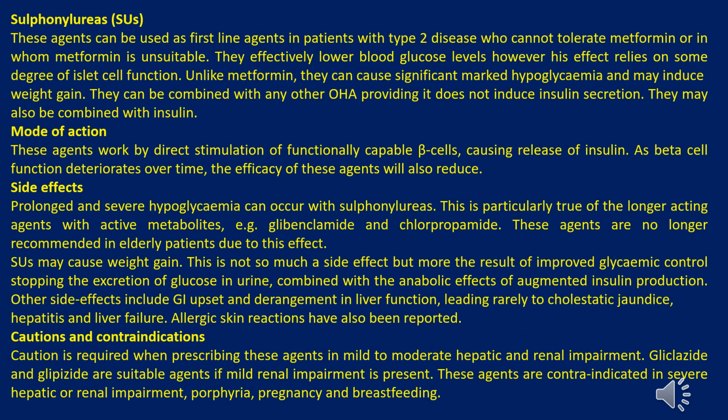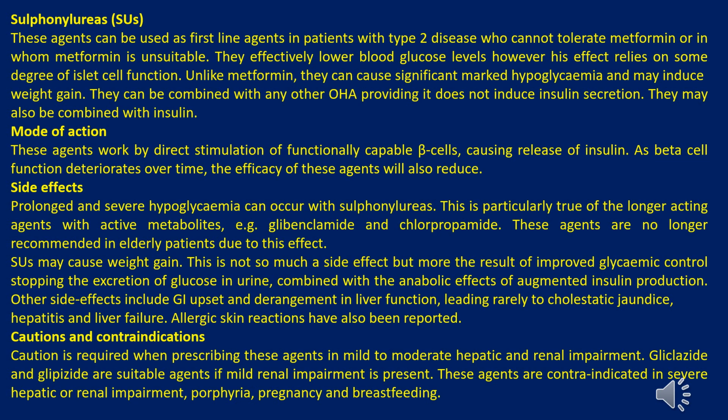We will now progress to sulfonylureas, abbreviated as SUs. These agents can be used as first-line agents in patients with type 2 disease who cannot tolerate metformin or in whom metformin is unsuitable. They effectively lower blood glucose levels, however this effect relies on some degree of islet cell function. Unlike metformin, they can cause significant, marked hypoglycemia and may induce weight gain.